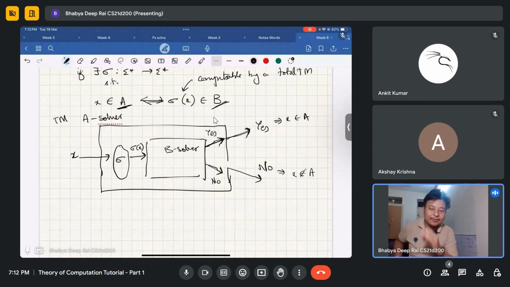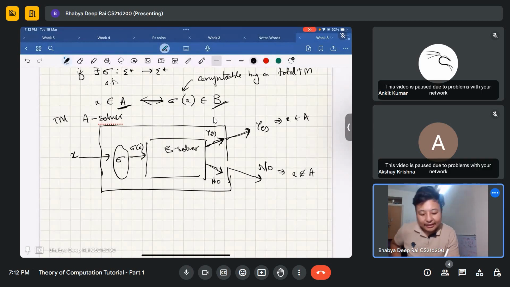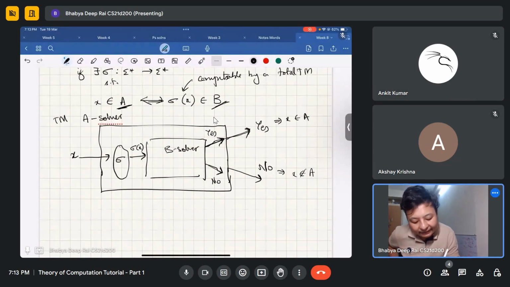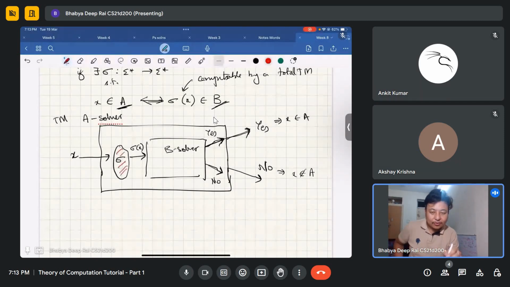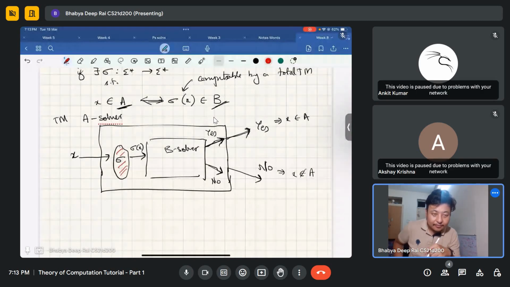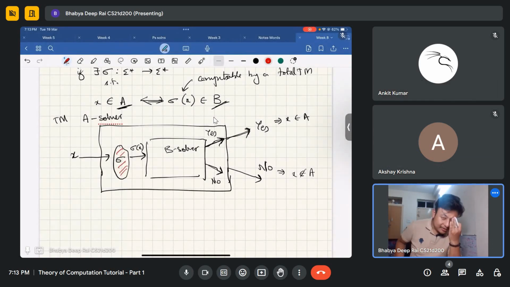It will always be correct, and we'll therefore show that having this sigma that does the surgery, having an algorithm that solves B is enough to show that there is an algorithm that solves A. That is what I'm saying.